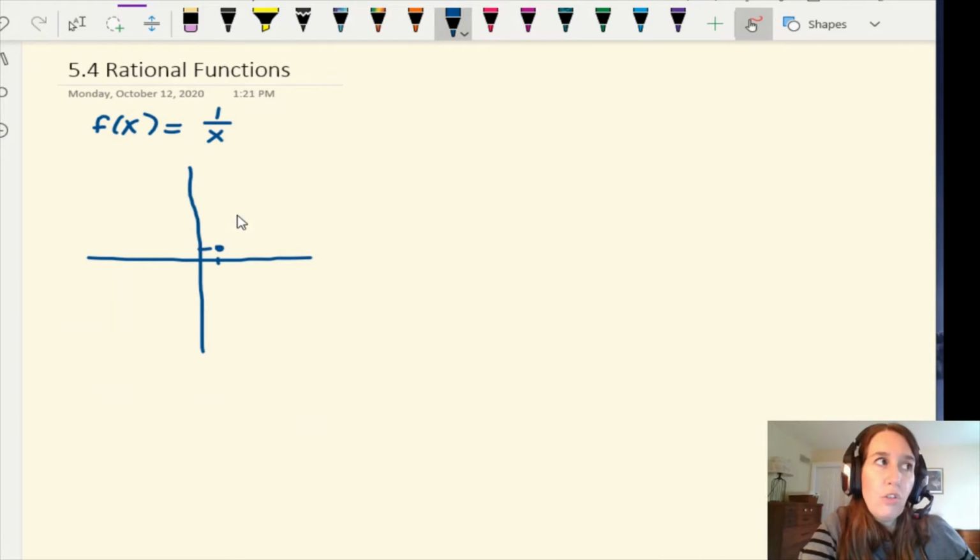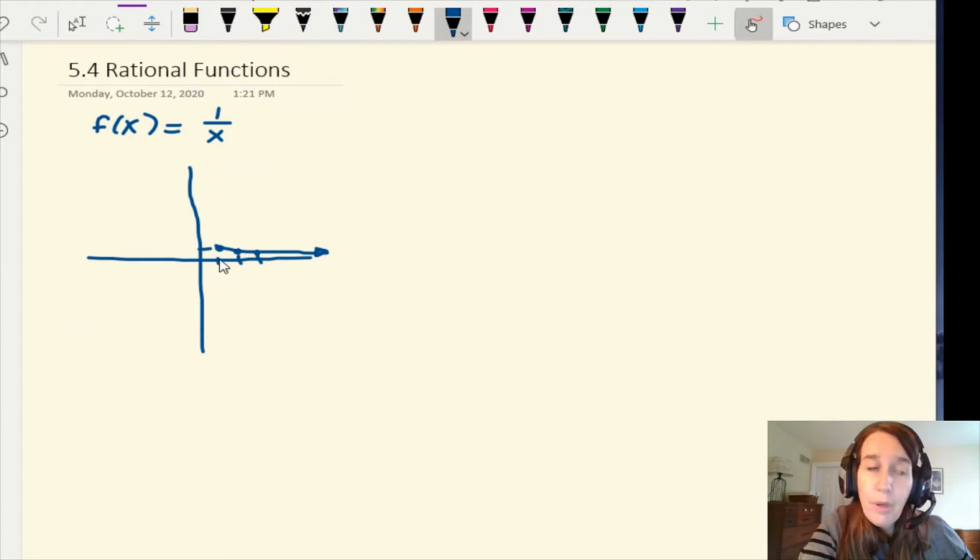But if you put in 2 for x, you'll see that y is then 1 over 2, or 1/2, so it's going right here. And then if you put in 3, you get 1/3, etc. If you put in 100 for x, you'll get 1/100th. So it won't go negative, but it will get closer and closer to 0 here.